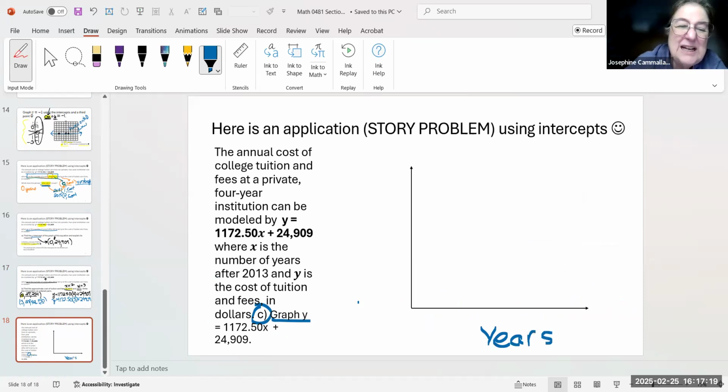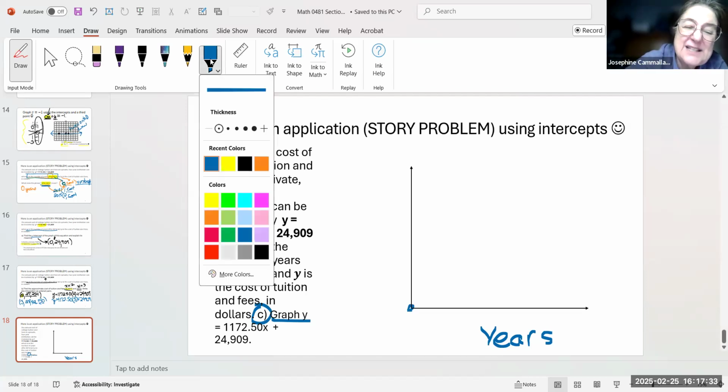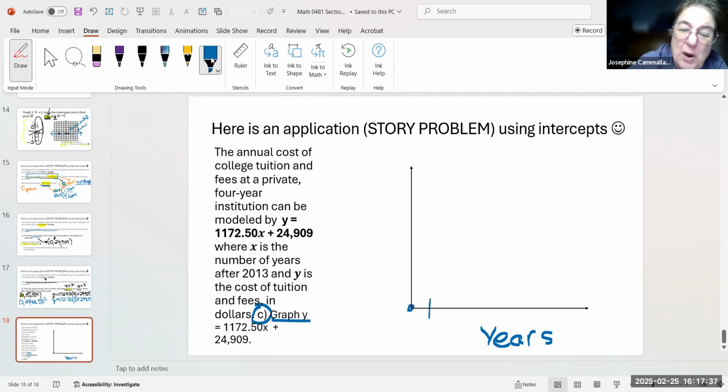But remember, we're not writing down here 2013, 14, 2015. This little corner represents 2013. So this is 1, 2, 3, 4, 5, 6.